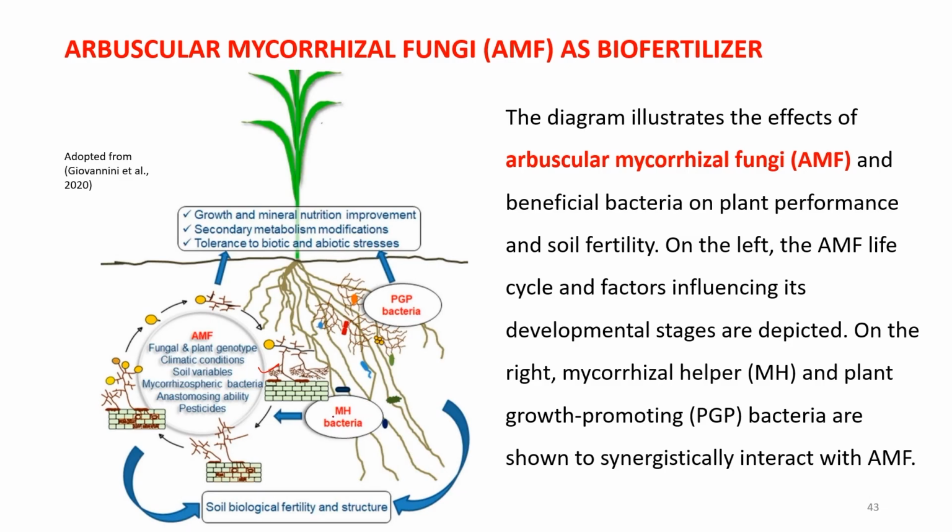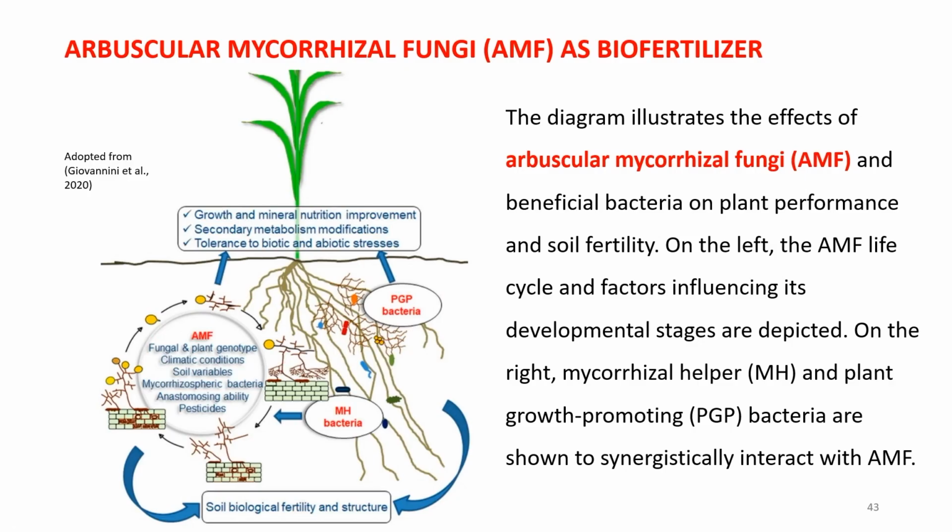So, we have certain species known as mycorrhiza helpers, which influence many of these important events. Then we have plant growth promoting bacteria which synergistically interact with these AMF. So, it is a somewhat complex interaction.